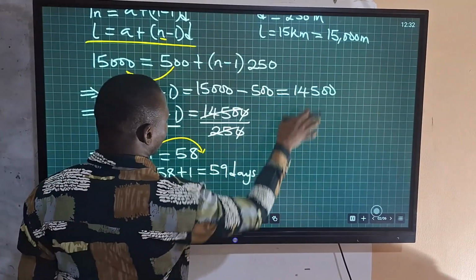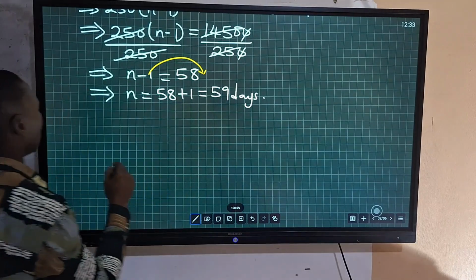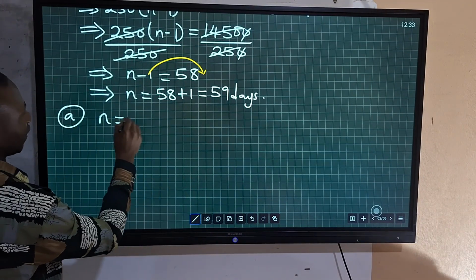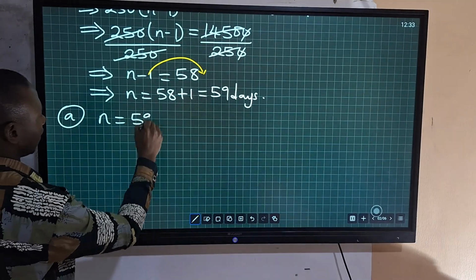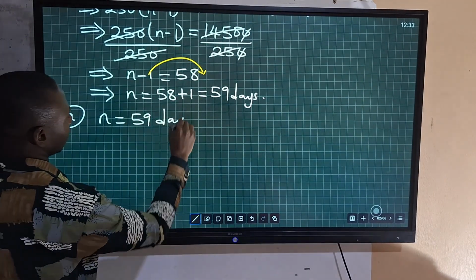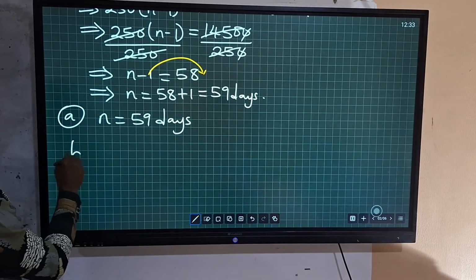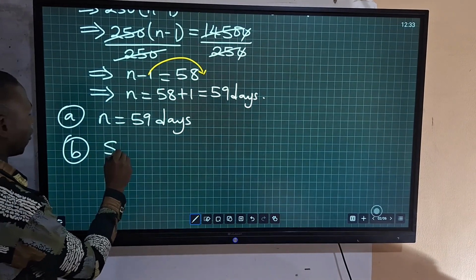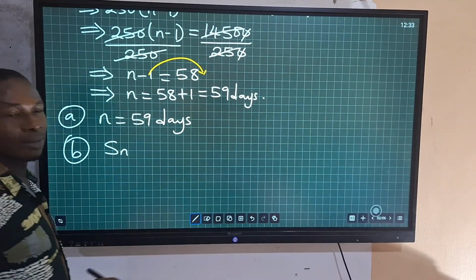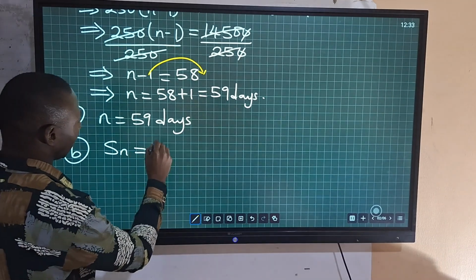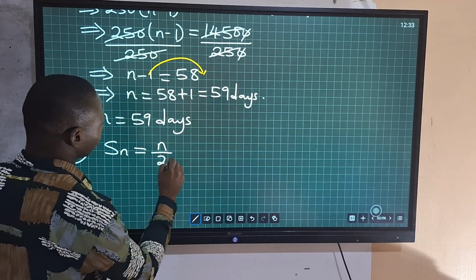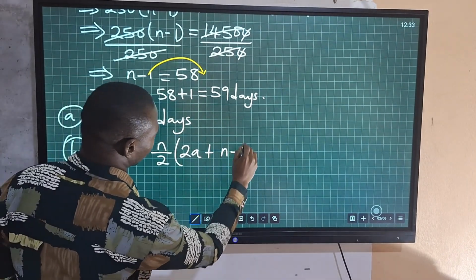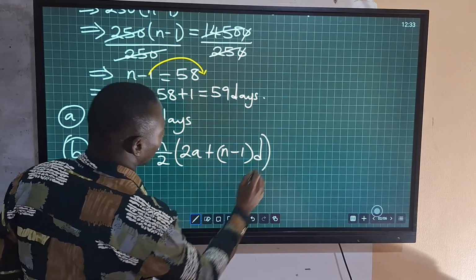So the formula for sum, then our first answer, n, is equal to 59 days. So the B part, we are looking at sum now. So we say that the sum of first n terms of an AP is given by n over 2 into bracket 2a plus n minus 1 d.